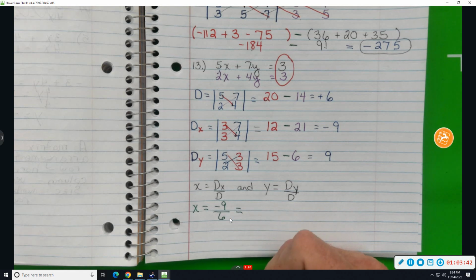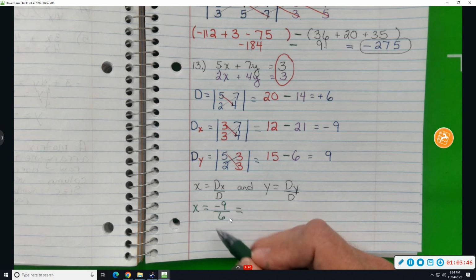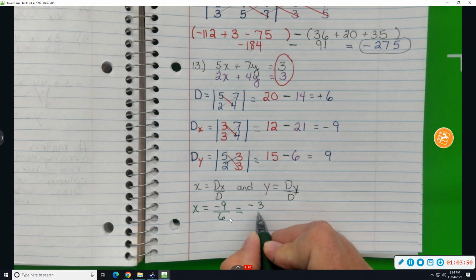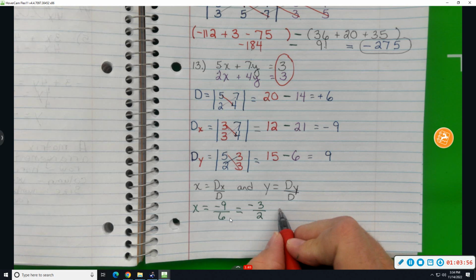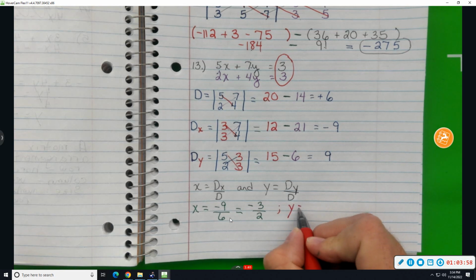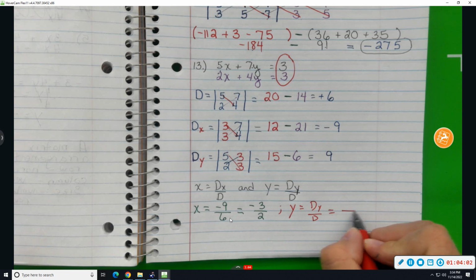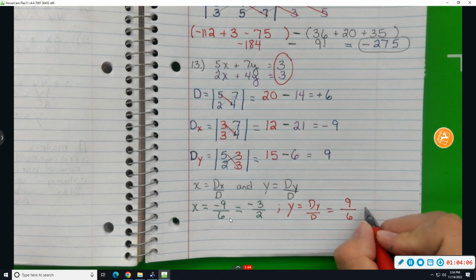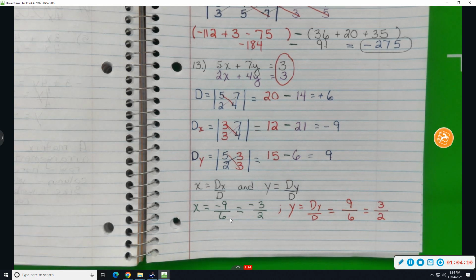Negative 9 over 6, it's not going to go in evenly, but we could divide both of those numbers by 3. Would it be a negative 3 over 2? And then for y, it's dy over d. So 9 over 6, so a positive 3 over 2.